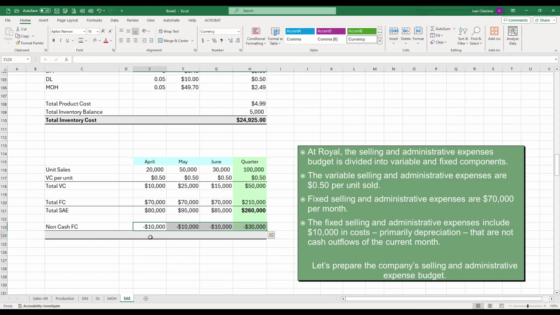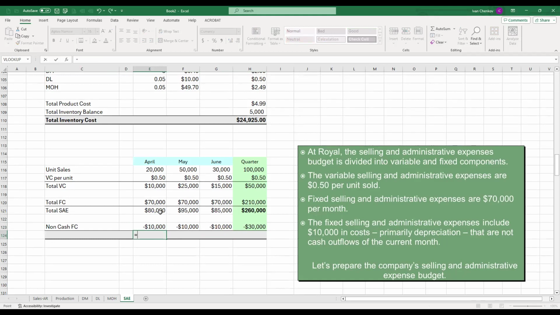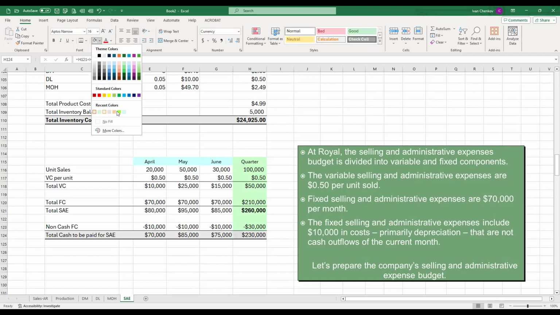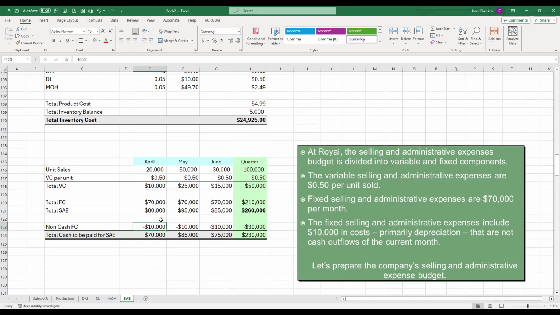Once I deduct it, I have the cash that I'm paying for the selling administrative expenses. So that's what you have to do on your group assignment, one after another, to prepare all the budgets.